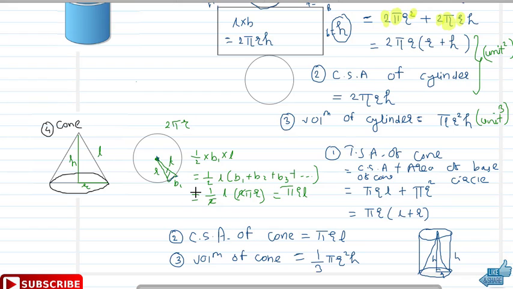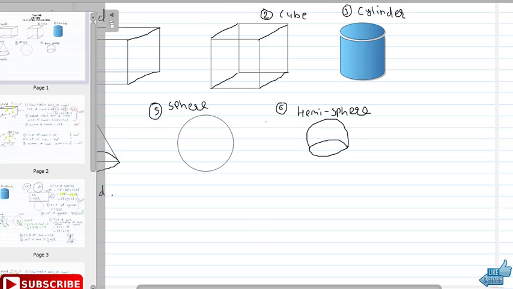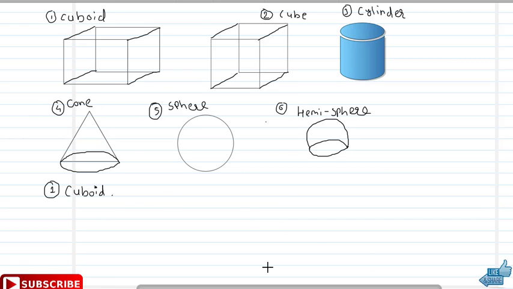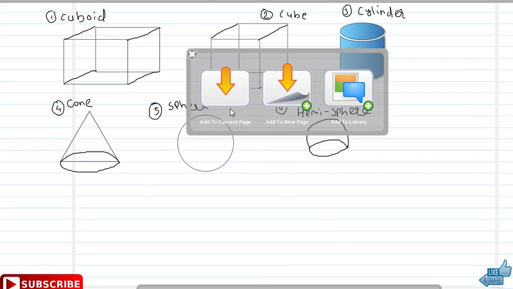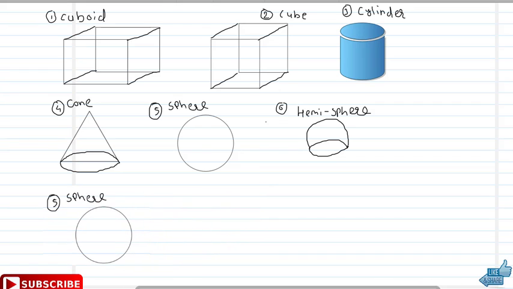Now the last figure remaining is the sphere. So let's talk about the sphere. Sphere is very simple. There is no curved surface area and no total surface area, only the surface area of a sphere.